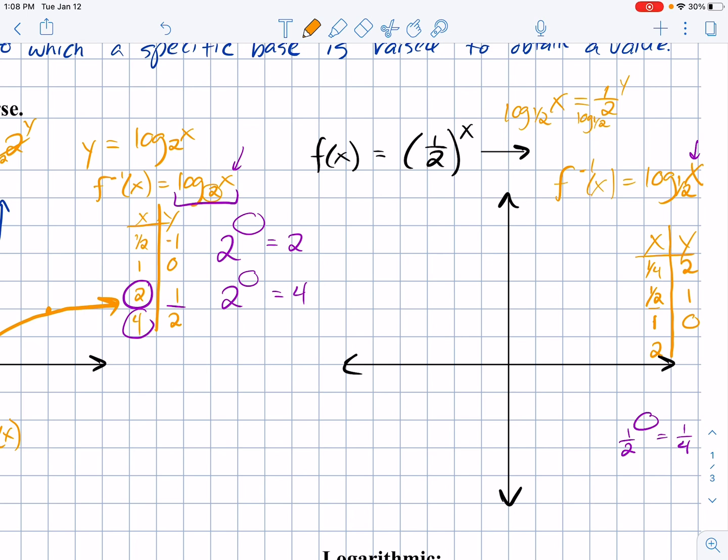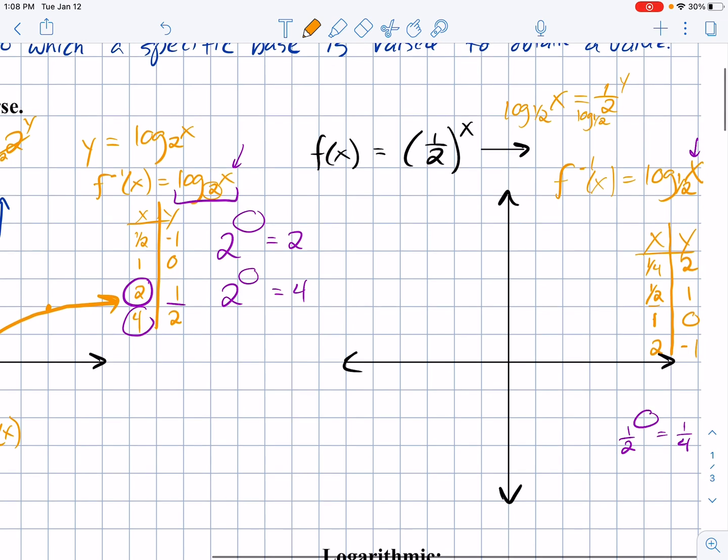And then 1/2 to what power gets us 2? That would have to flip the base, so this would have to be -1. And we can go graph this: (1/4, 2), (1/2, 1), (1, 0), (2, -1). So there's another example of a log function.